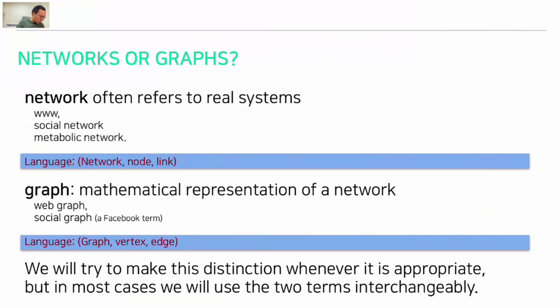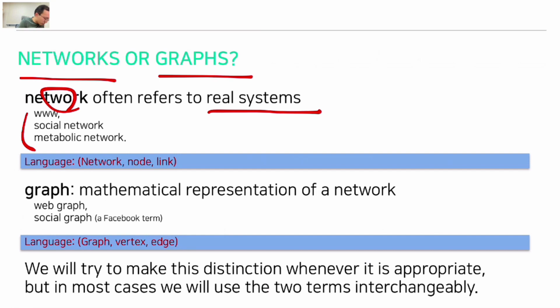So you may wonder how they are different. Networks or graphs, are they the same or not? Usually a network often refers to a real system, like the World Wide Web, social network, and metabolic network.